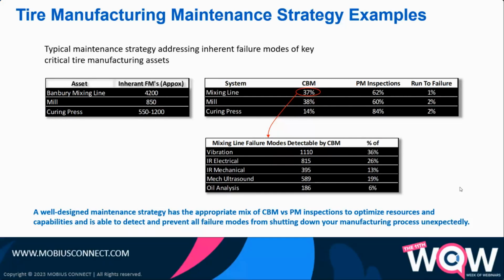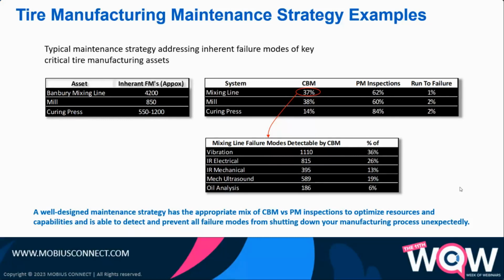As you move to the right, for the same critical assets, a mixing line, you can see the maintenance strategy mix. On a mixing line across those 4,200 inherent failure modes, typically 37% are identifiable through some form of condition monitoring technology, which is broken out below.